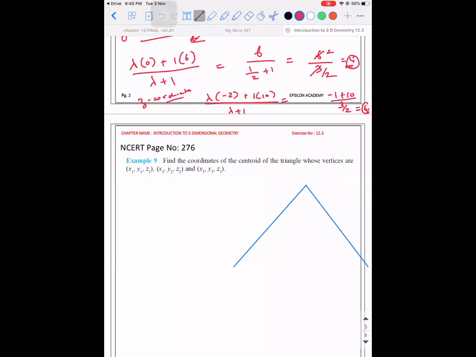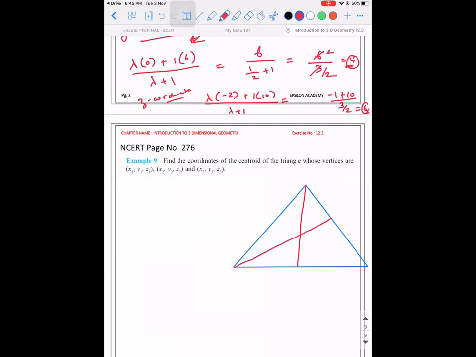The point of intersection of medians of a triangle, sir. Yes. If you take the median, from the vertex, if you draw a line to the base, that line will divide the base into 2 equal parts.